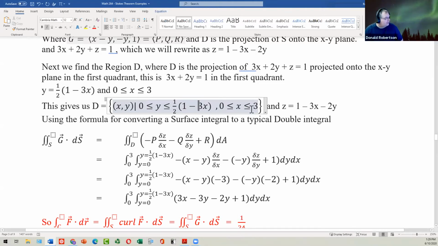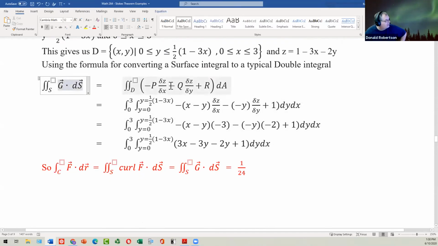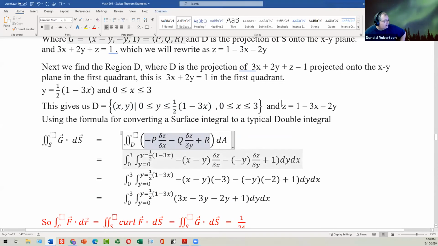If I had time, I would have put that picture in, but then that would have added another half hour onto my workload. Are you comfortable about how we took this plane and figured out what d is? Make z equals 0, and then you've got a two-dimensional area called d. It's a little triangle. And so this becomes this. That's what z's going to be whenever it appears. This is the range in y's. This is the range in x's. So you can see 0 to y, x is 0 to 3.